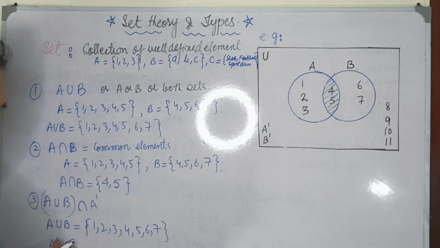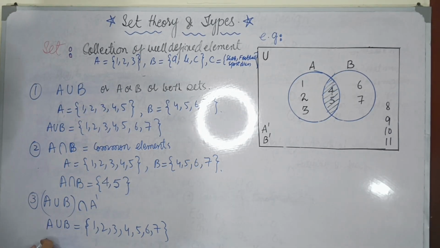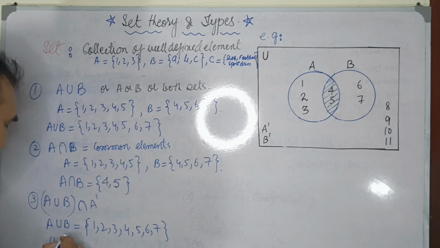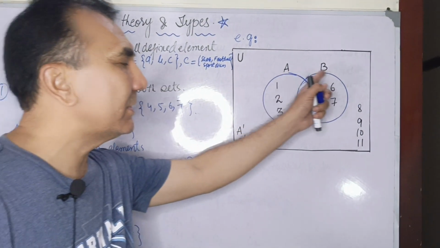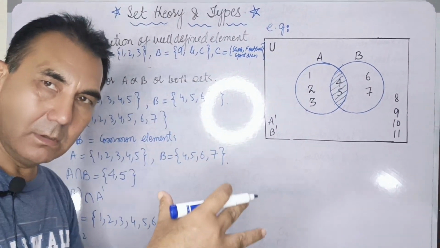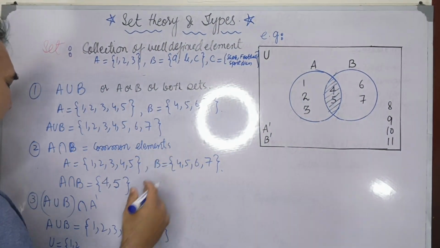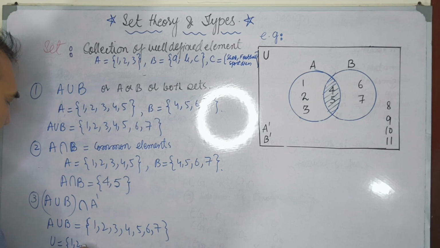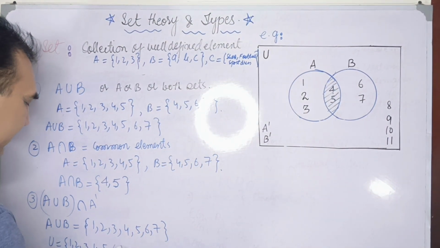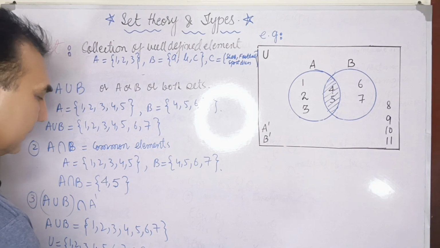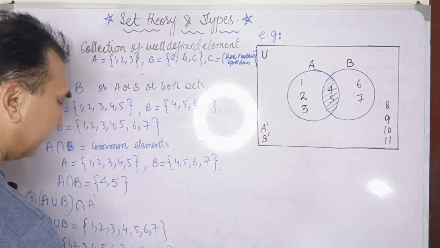For the A complement, as I told you, first of all you will write down the universal set. All the elements which are present inside the rectangular shape will be part of the universal set: 1 2 3 4 5 6 7 8 9 10 and 11.